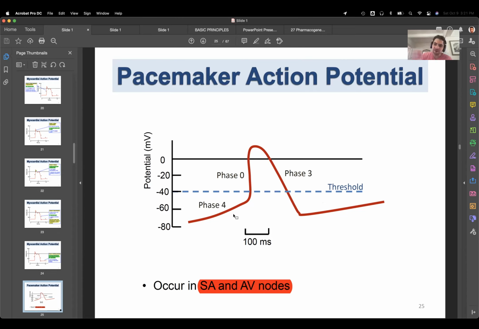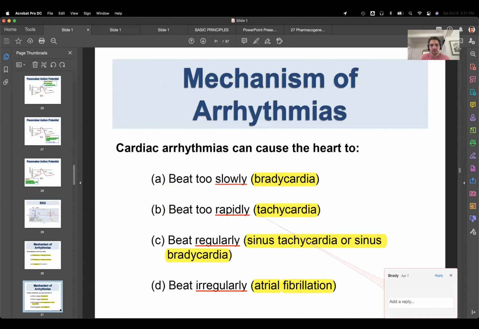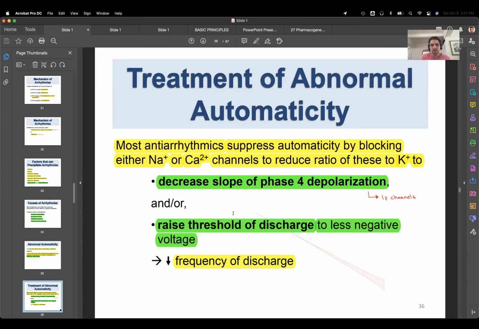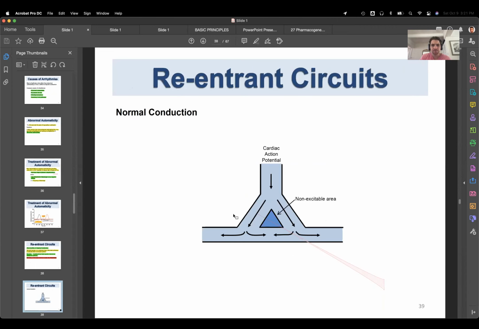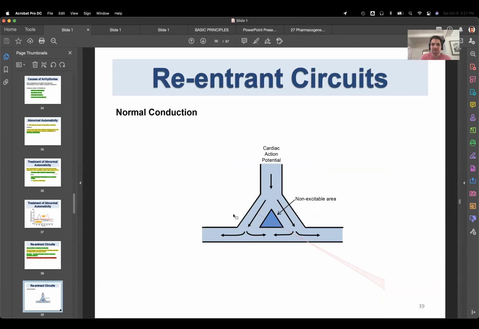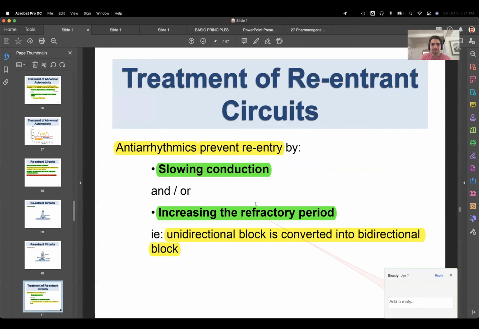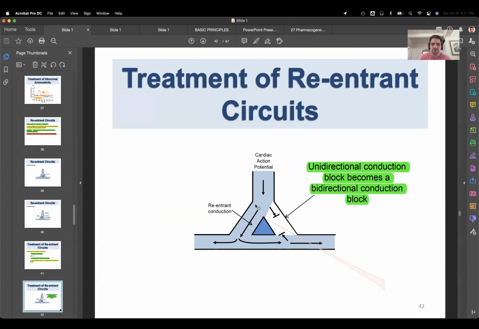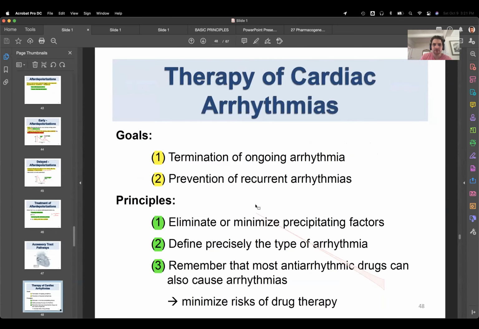So it's very, very different and very important that you know the differences there. Okay, let's get to the drugs. So again, they briefly talk about these different arrhythmias, but we really get into it in term 5. You really don't need to know how these work right now. You just need to know the definition of how these drugs work.